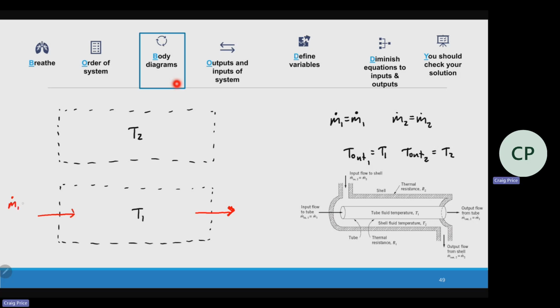It has a m dot, a fluid capacitance, and an input temperature. It's coming in pretty hot. It'll cool down to T1, and that's what the output is going to be. Again, the same flow rate.